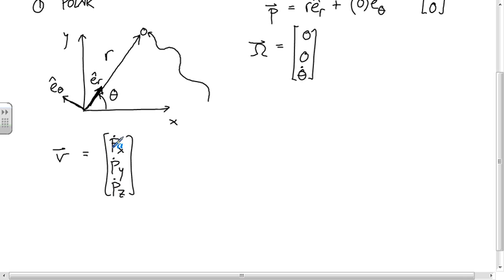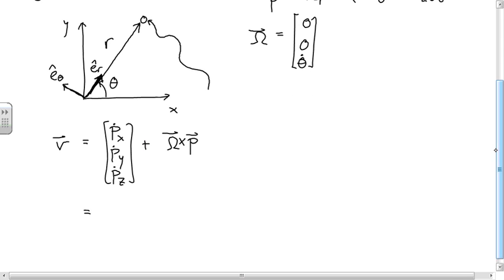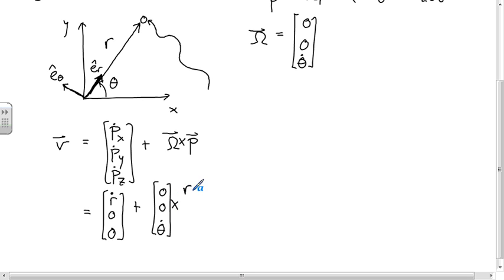It's equal to the observed velocity vector plus the cross product of the angular velocity with the position vector. In our case, the observed velocity is (r dot, 0, 0). And then our omega is (0, 0, theta dot). And we're crossing that with our position vector, which is (r, 0, 0).